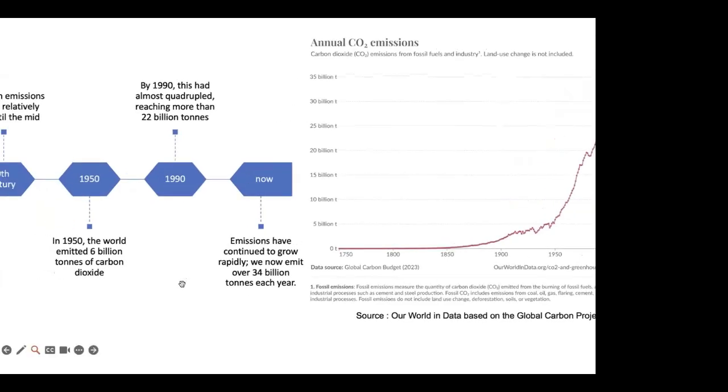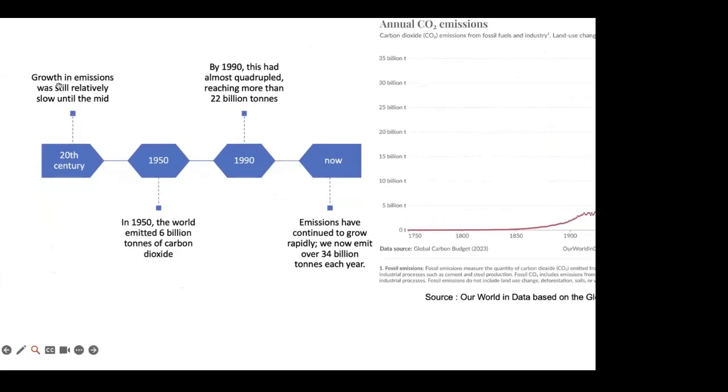Before then, growth in emission was still relatively slow until the mid-20th century. In 1950, the world emitted 6 billion.